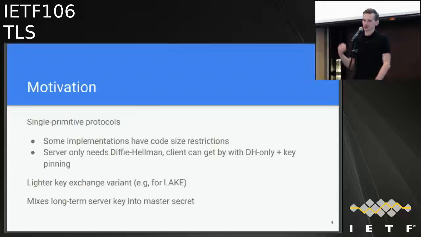This just allows you to potentially use different algorithms like the ones that Nick was referring to earlier. It also has benefits in that it's potentially a lighter key exchange variant, not in the certificate case, but in this sort of deployment model where you have only Diffie-Hellman, using semi-static instead of massive signatures or massive certificates is potentially more appealing.